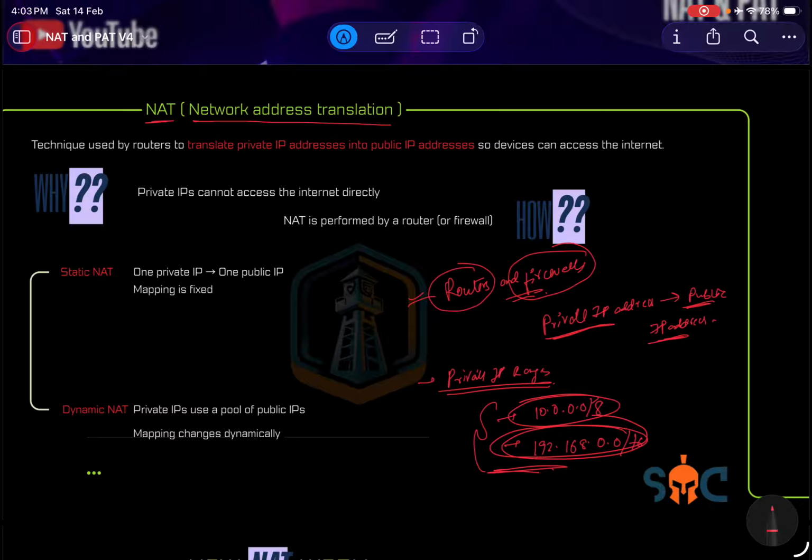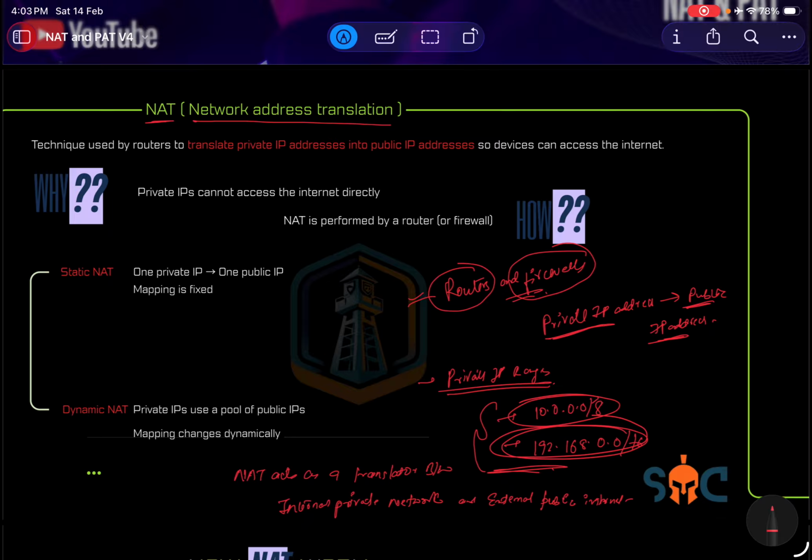So NAT basically acts as a translator between the internal private network and the external public internet.